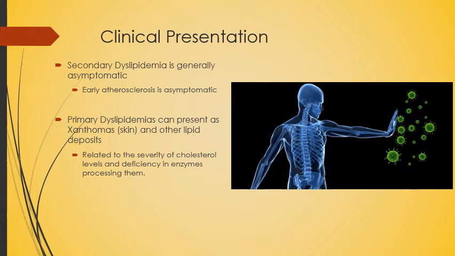These tend to present as xanthomas or collections of lipids in the skin. There's a lot higher levels of the cholesterol with primary dyslipidemias and the problem with not processing them at all because of deficiency of specific enzymes. So you tend to get these really severe deposits which show up as different clinical manifestations.